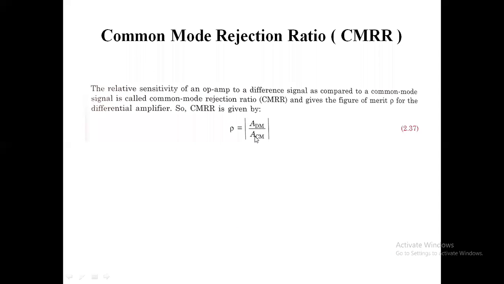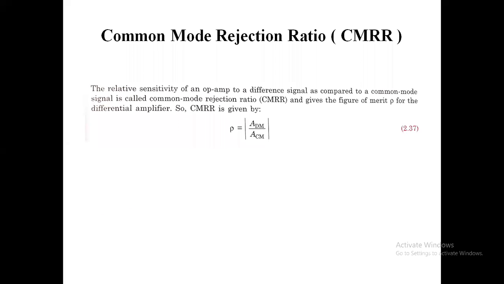So what is CMRR? If two same input voltages are applied to the differential amplifier, it will operate in common mode configuration, and that creates a particular common mode signal. That common mode signal has to be rejected by the differential amplifier.